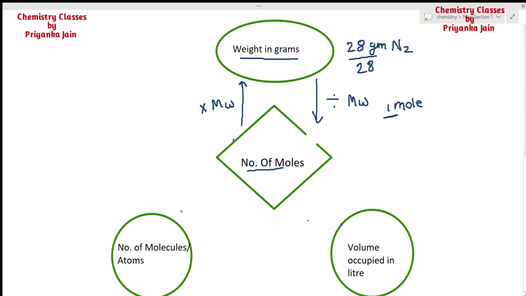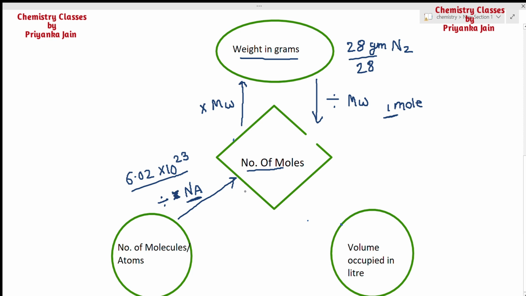Okay, the next thing: if you are given the number of molecules or number of atoms and you have to find the number of moles, then you have to divide by the Avogadro number. Avogadro number is represented by Na, and its value, as you all know, is 6.02 × 10^23. Sorry, not multiply, you have to divide by the Avogadro number to find the number of moles.